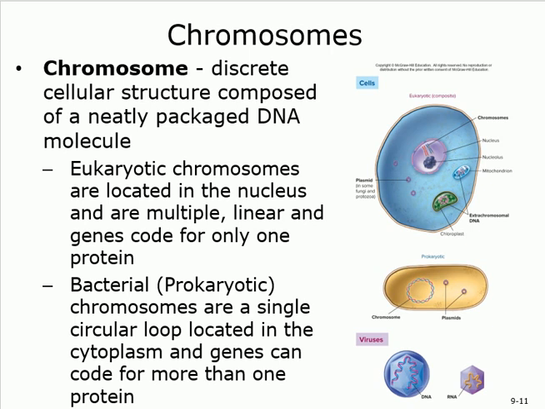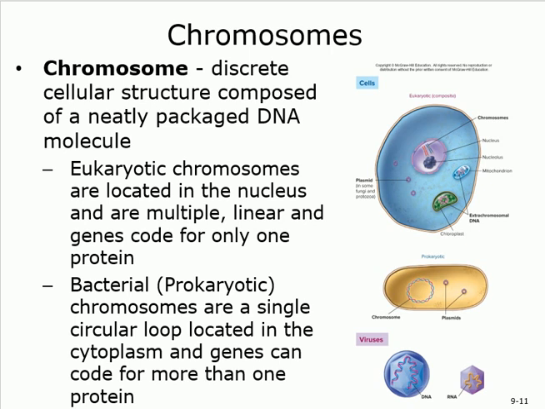You don't have a nuclear membrane, so it's not a nucleus, and you don't have membranous organelles. Wasn't that the main difference? So in eukaryotes, I have the chromosomes inside the nucleus, while in bacteria, do you have a nucleus? No, so it will be inside the cytoplasm.